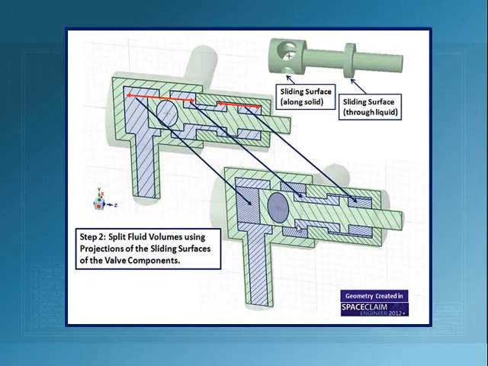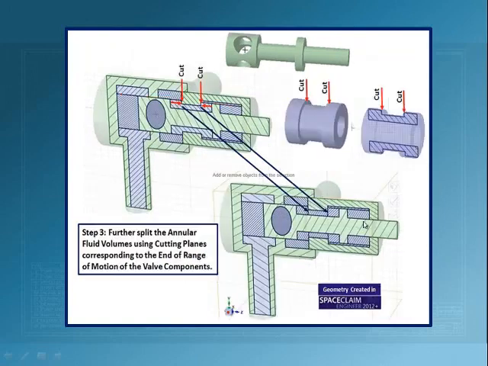The reason why we have to split this is because of the motion of the spindle. These volumes will be expanded and compressed. So once we split them, we'll have this as a separate volume which can be compressed or expanded, and this and this. These are annular volumes which can accordion as the spool travels back and forth.